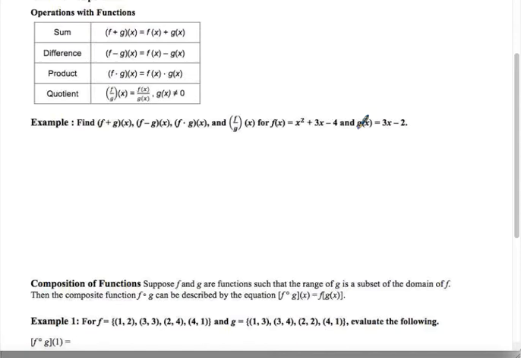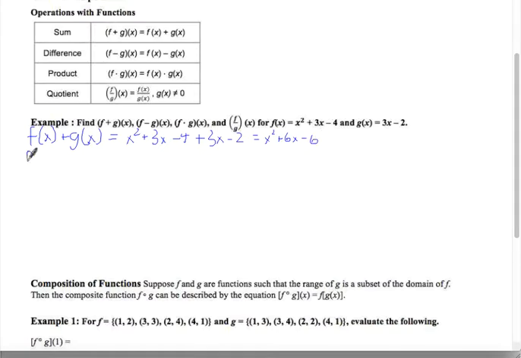So f plus g of x is f of x plus g of x, which just means I need to add and combine like terms. x squared plus 3x minus 4, and then plus 3x minus 2 would give me x squared plus 6x minus 6.